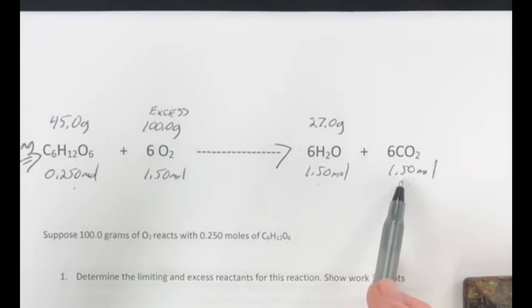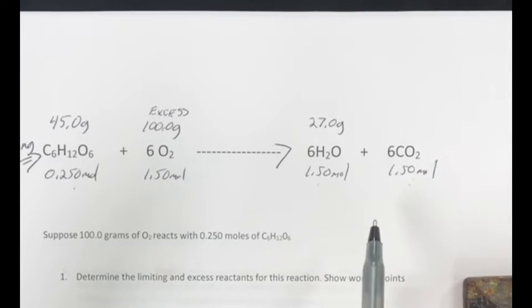Let's figure out how many grams of CO2 we have. We already did that earlier, and I've got a fresh sheet of paper, so I'll redo it really quick. So 1.5 moles. We know that there's 44 grams in 1 mole.